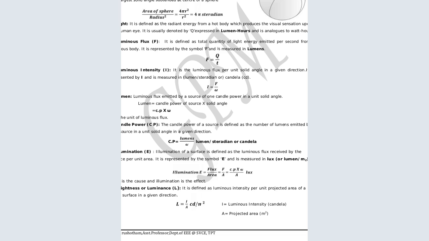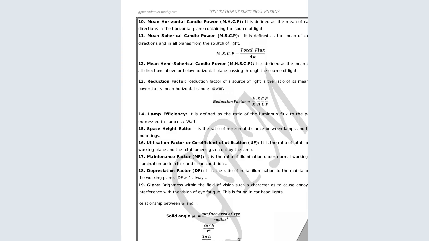The luminous intensity is represented in candela. So it is luminous intensity I over area A, which is candela over meter squared. Area is normally meter squared because it is distance times distance to make it squared.